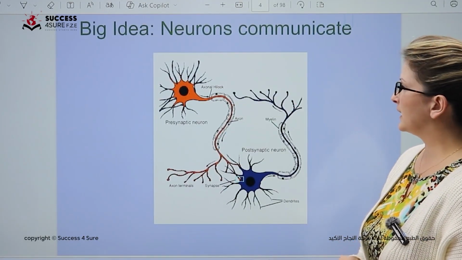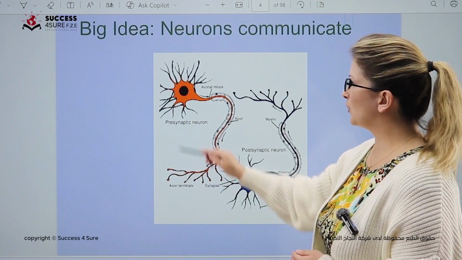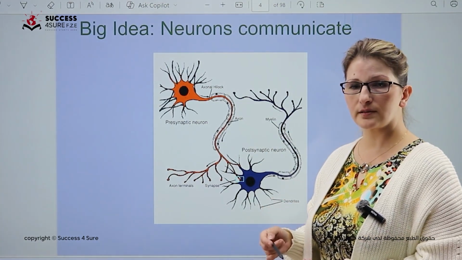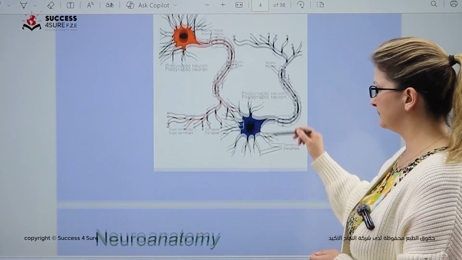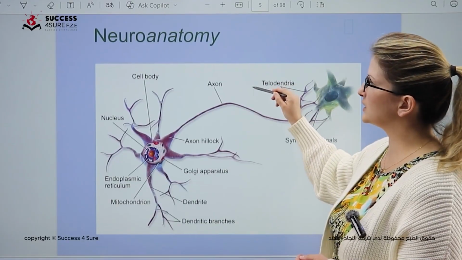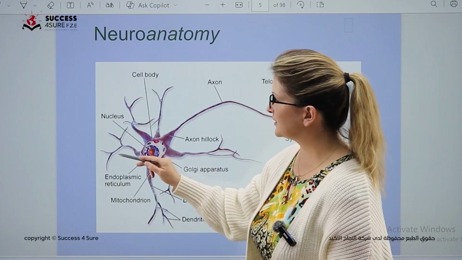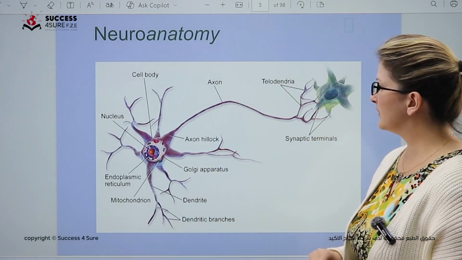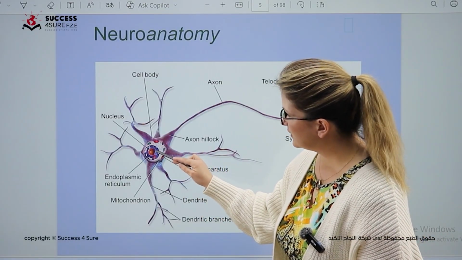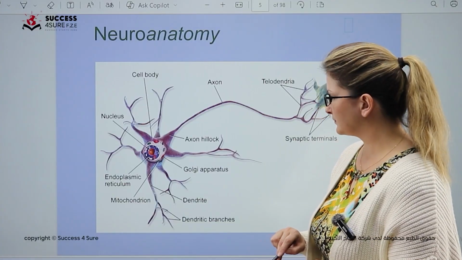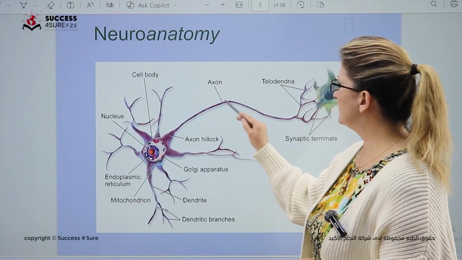Neurons communicate. How do they communicate? What are the parts of a neuron? This is the anatomy, the structure. So we have something like tentacles here, and we have here the nucleus. We have a branch.